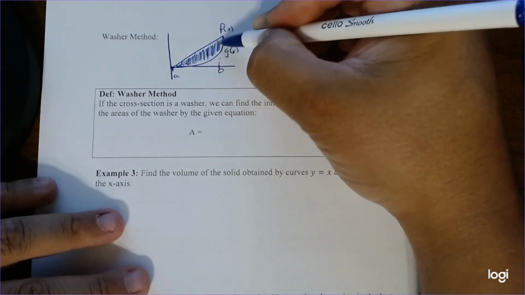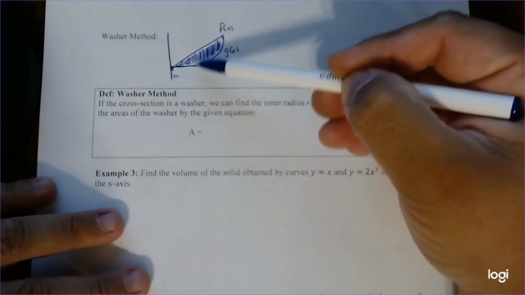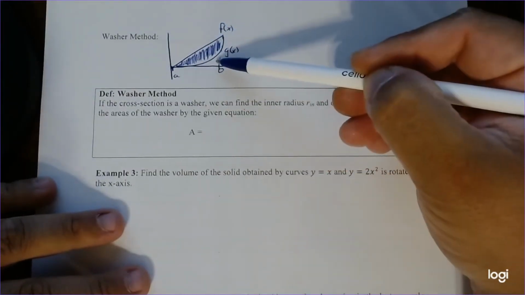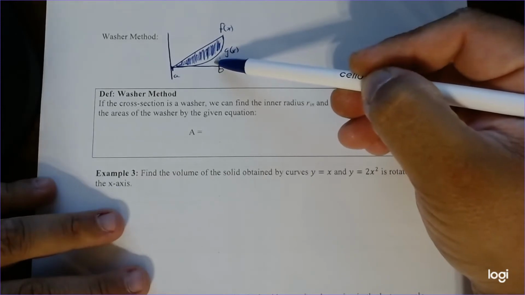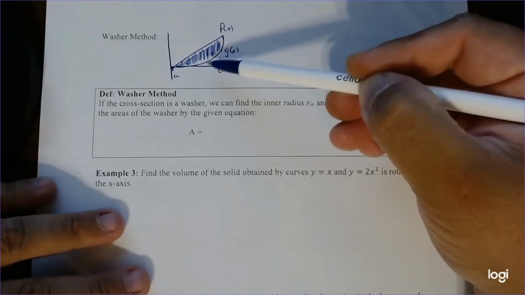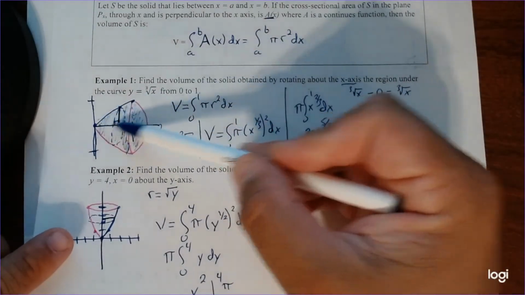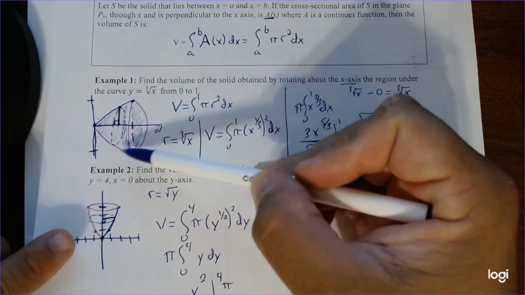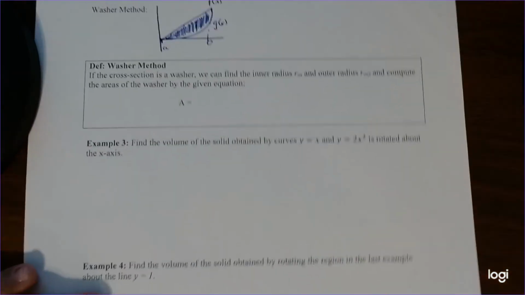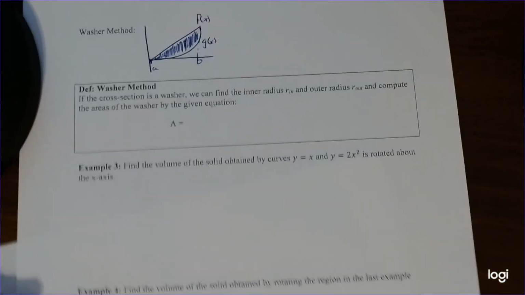So notice automatically when I rotate this way, there's a little piece here that's actually not being used. It's empty. Unlike the disk method, where the entire thing underneath the curve is being rotated, this one has a little piece missing.